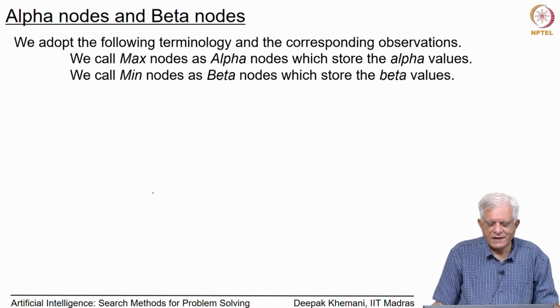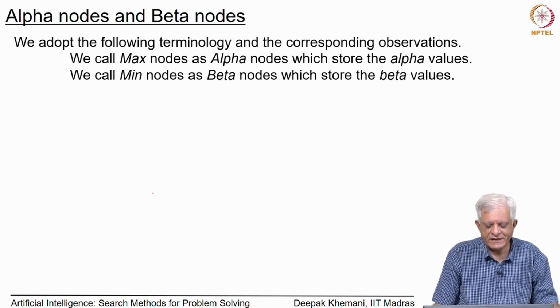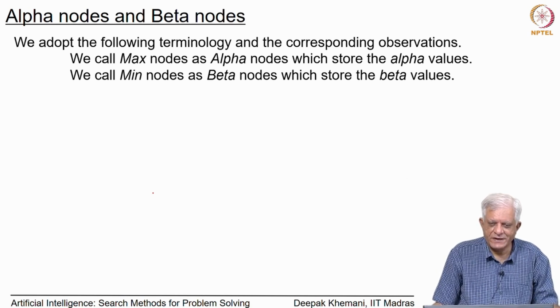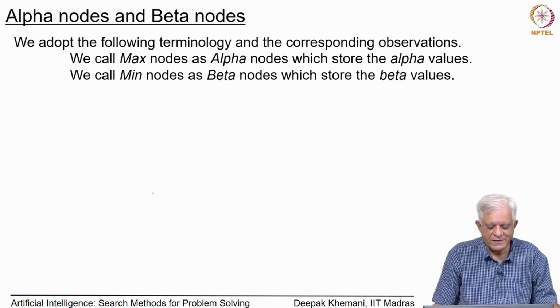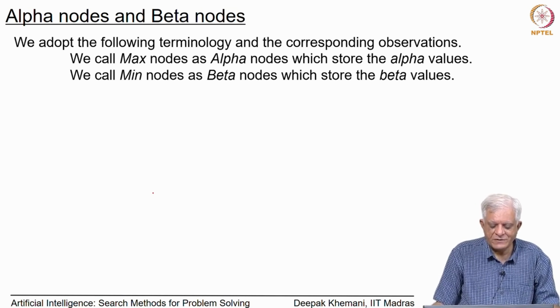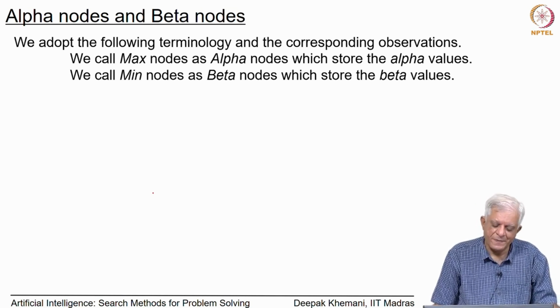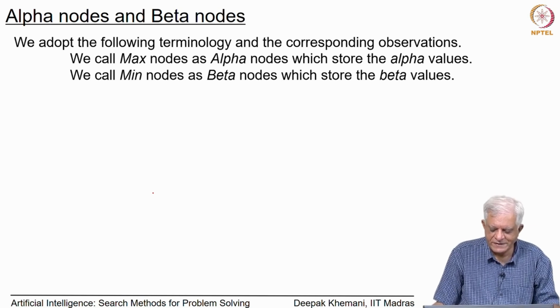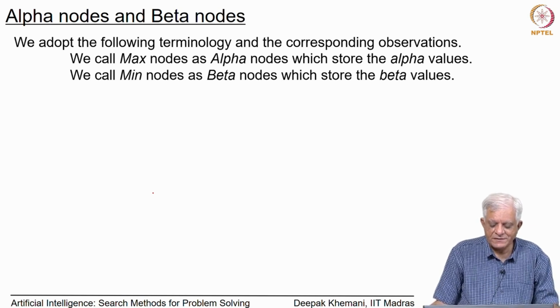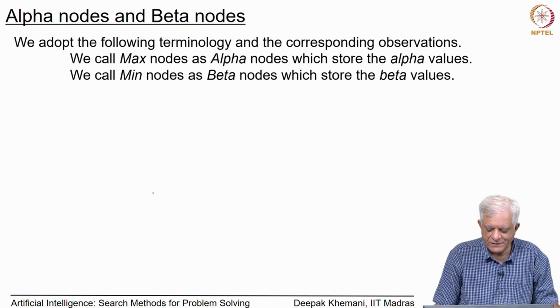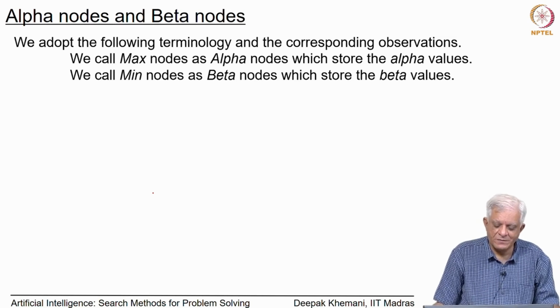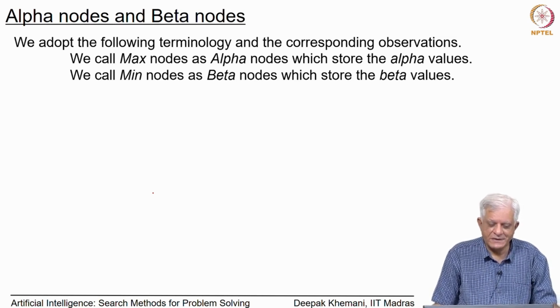Remember that the algorithm minimax that we just quickly referred to is doing a depth first traversal of the game tree, sweeping from left to right, and it has partial values as it goes along and keeps updating them as it does more search. So, the partially computed values, or even the fully computed values, we will call alpha values. Max nodes will be called alpha nodes and they will store alpha values, min nodes will be called beta nodes and they will store beta values.